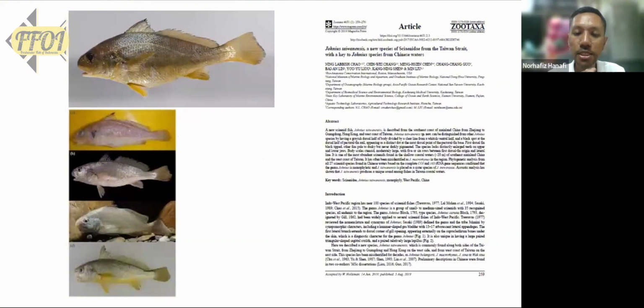Okay, when I started my PhD in Taiwan, one of my professors came out with a new paper, Jones Taiwanensis. At that time I did not have the chance to be involved in this paper. I could not contribute because he had already started writing it.